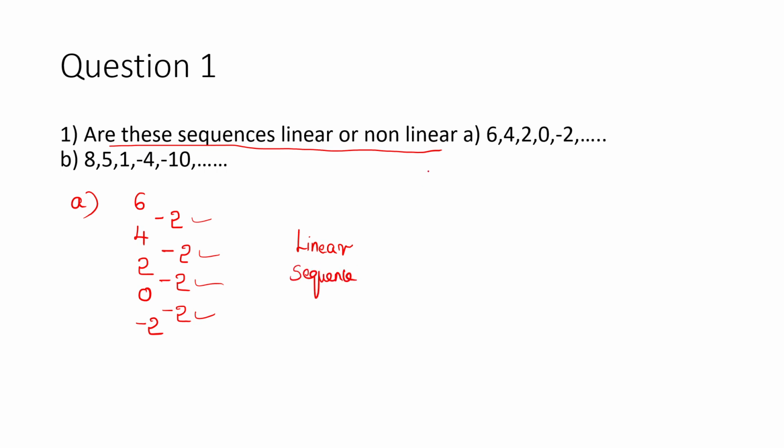Okay. So now we will see B. 8, 5, 1, minus 4, minus 10. Okay. So tell me the difference. Minus 3. Right. From 5, minus 4. And here from 1, minus 5.